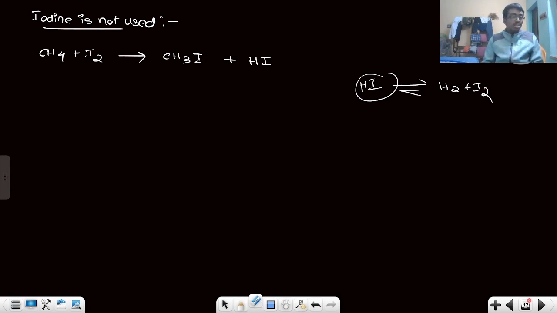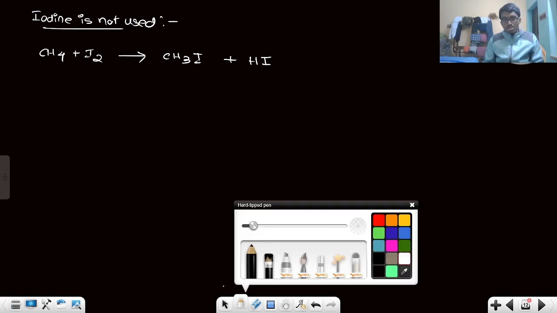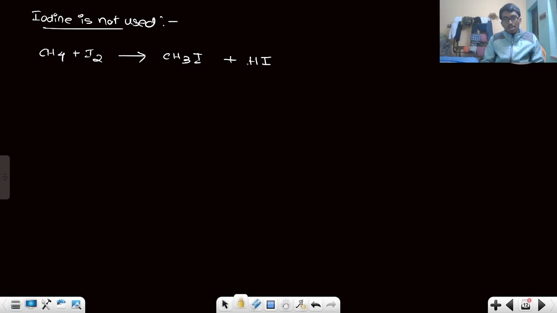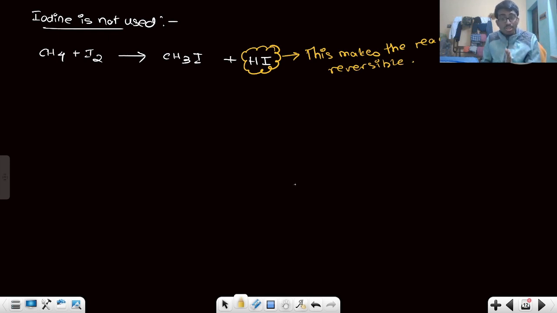Clear? So if the reaction gets reversible, then that's not my job, right? We don't want to make the reaction reversible. So that is the reason we cannot use this. So I am mentioning it over here. This makes the reaction reversible. If the reaction turns reversible, then it is not good for us. So what we have to do is remove the HI, because HI is causing the problem. So how can I remove HI?